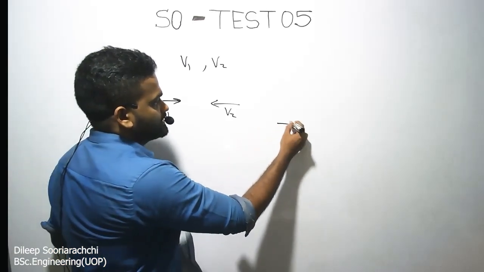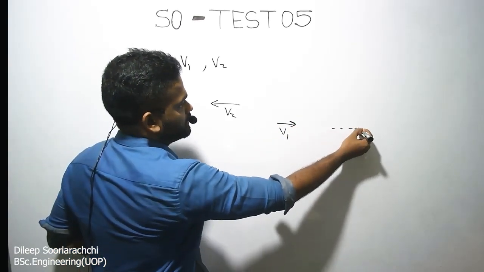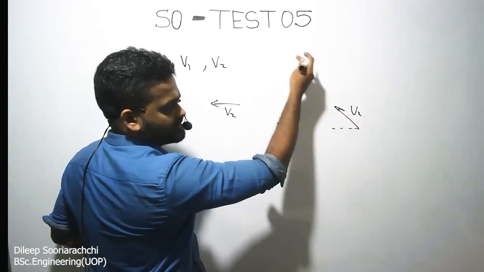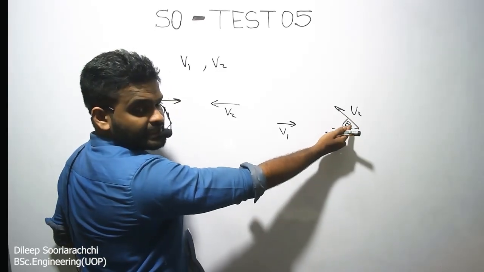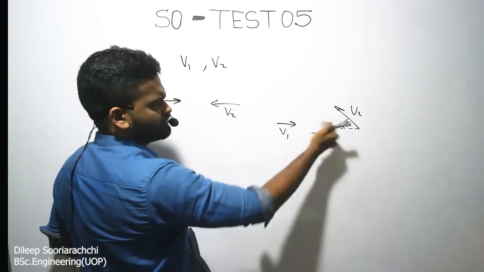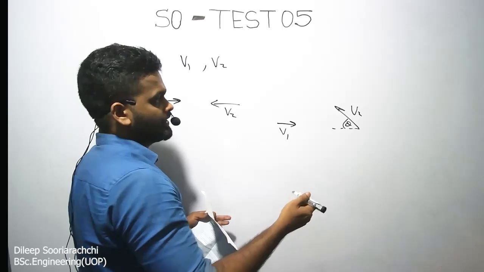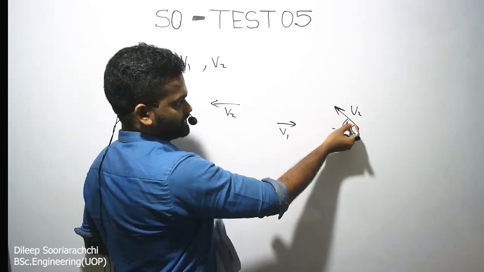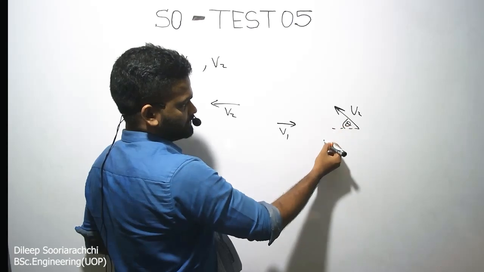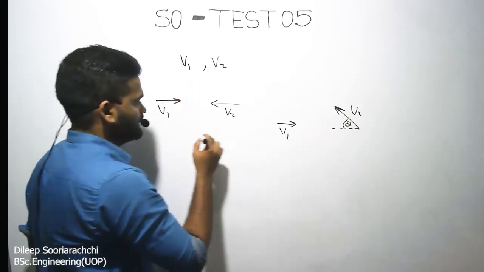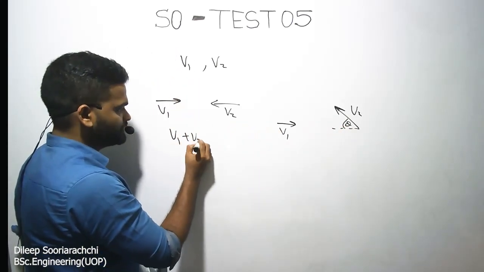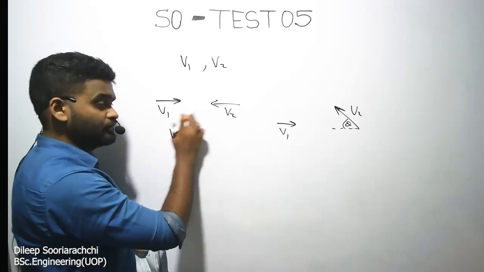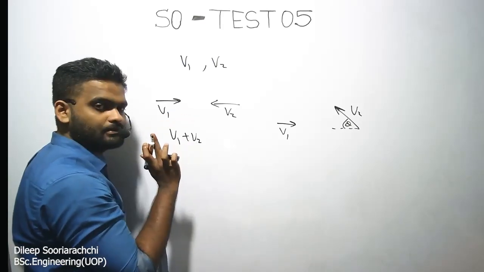Let's say they move like this, v1, but v2 to this side, inclined at a theta angle. So this is not towards each other, right? But now what's the relative velocity? Here the relative velocity is v1 plus v2. You know that when they are moving in opposite directions, you can just add them.